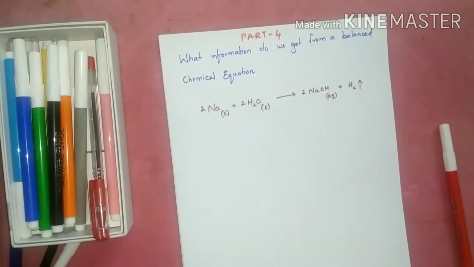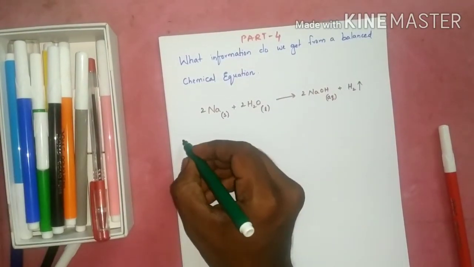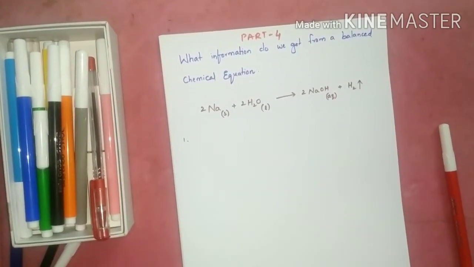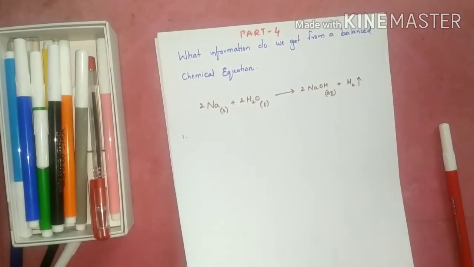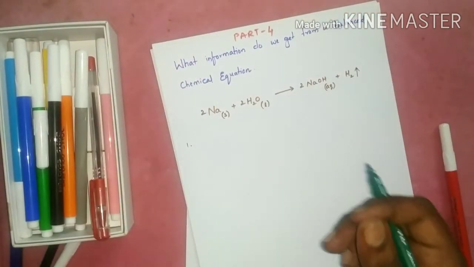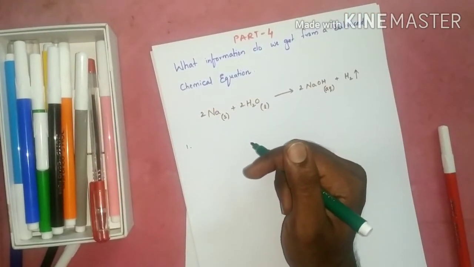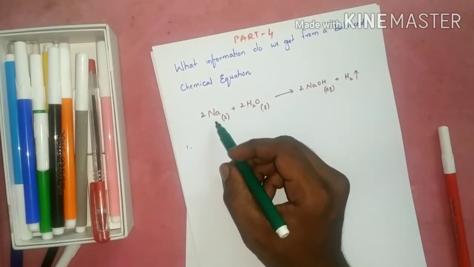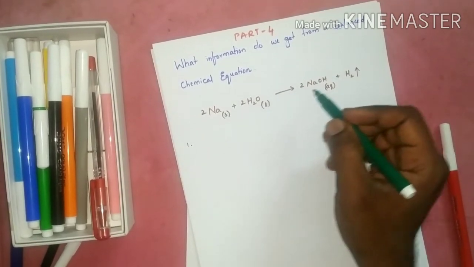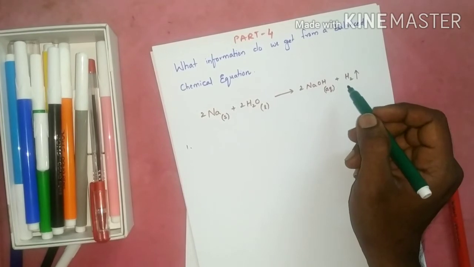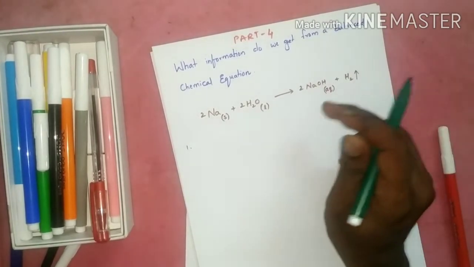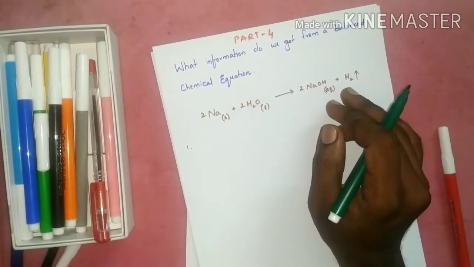Number one. From this equation given to you, what are sodium, water, sodium hydroxide, hydrogen? These are the reactants and products.